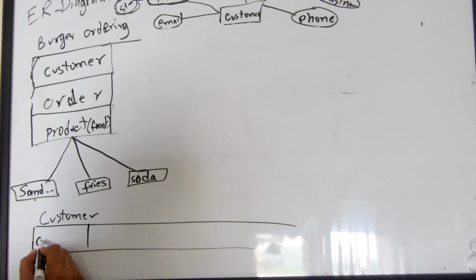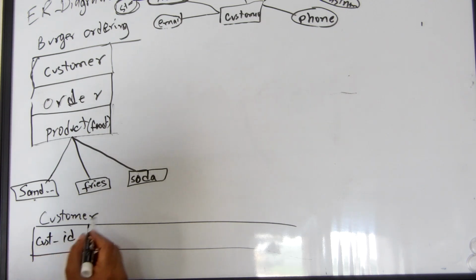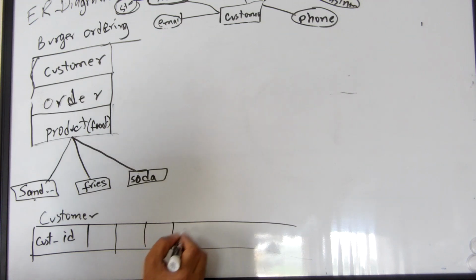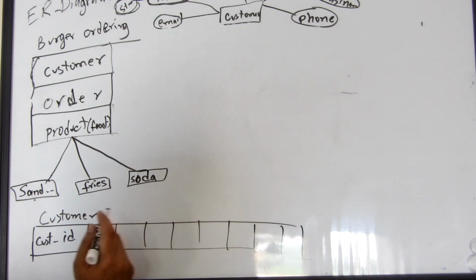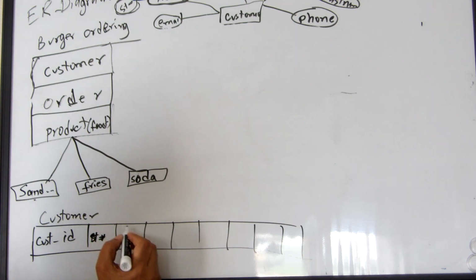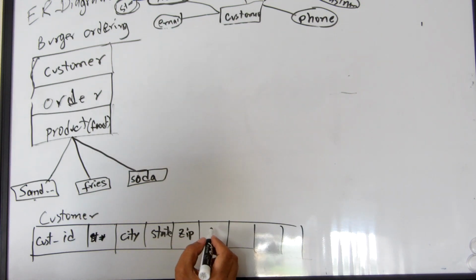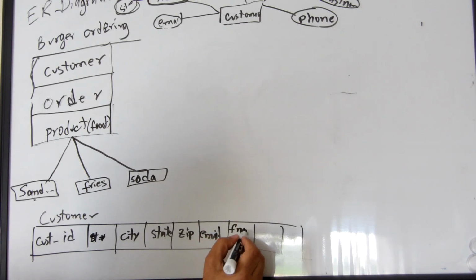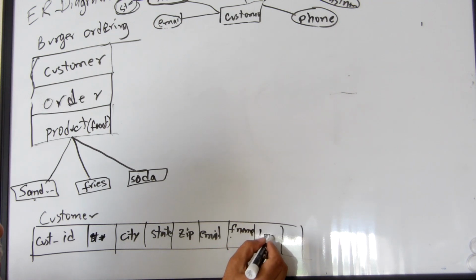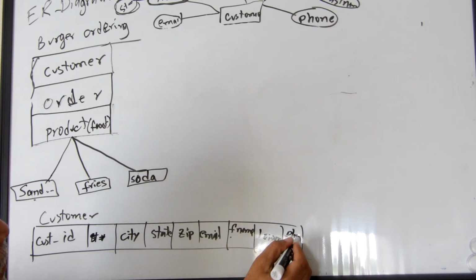This is a customer ID, and then you have all kinds of different attributes: address as street number, city, state, zip, email, first name, last name, and phone. See, you have all this information here.